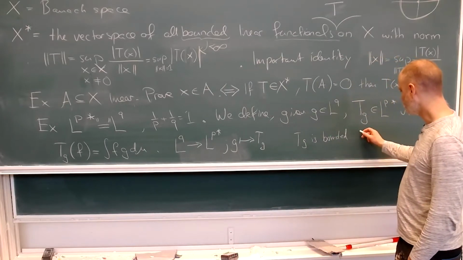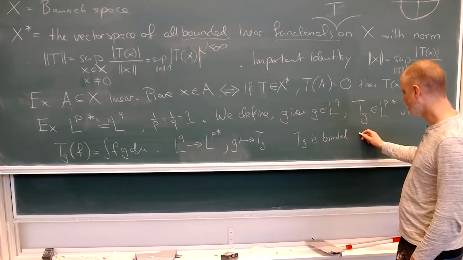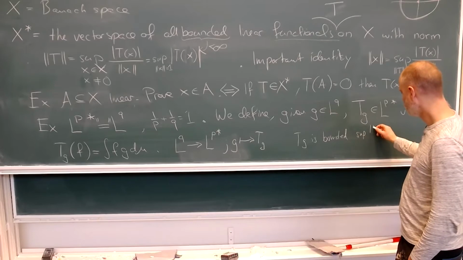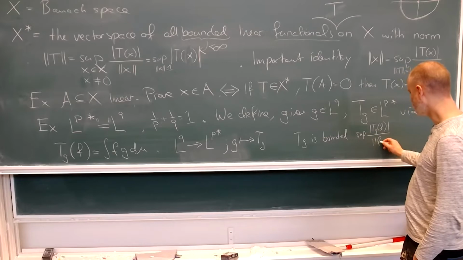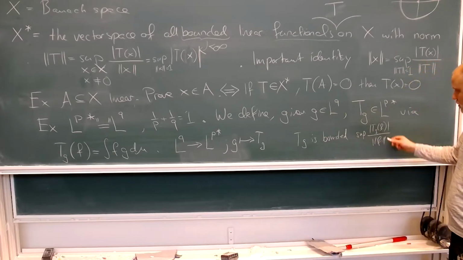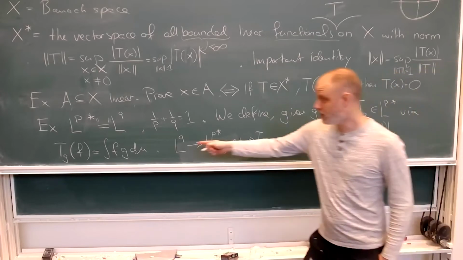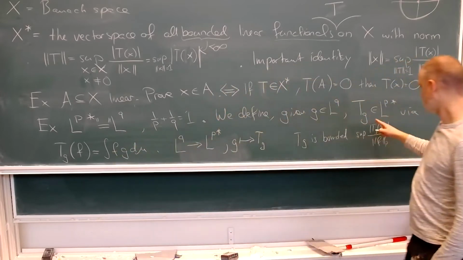So what was our definition of the norm? We have to take the supremum of T_g(f) divided by the norm of f. Mark now, here's the p norm, and then I do Hölder on this. Here's a modulus now coming here.